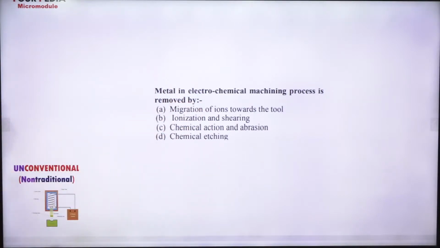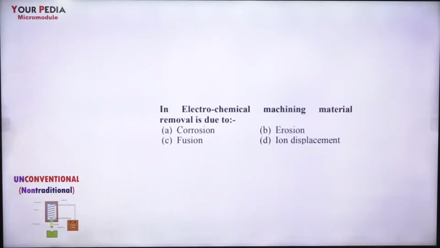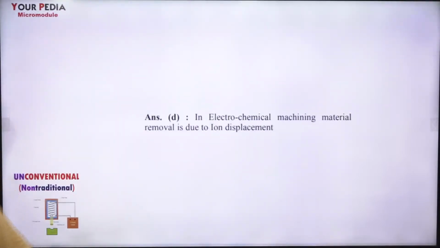Migration of ions towards the tool is called dissolution also. In electrochemical machining, material removal is due to ion displacement. Remember this: it is also dissolution or ion displacement. Dissolution or ion displacement is the same.